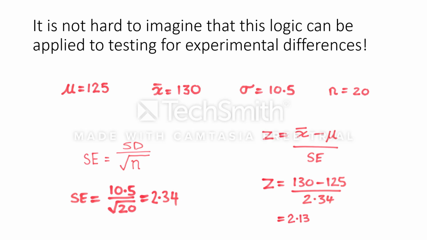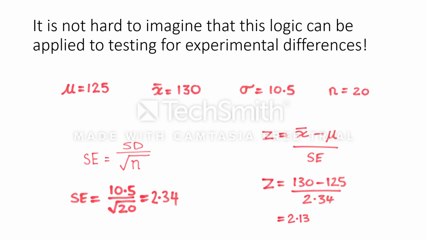So let's look at these equations. It's not hard to imagine this logic can be applied to testing for experimental differences. So if you look at this z-score equation here, z equals the mean minus the population mean divided by the standard error.